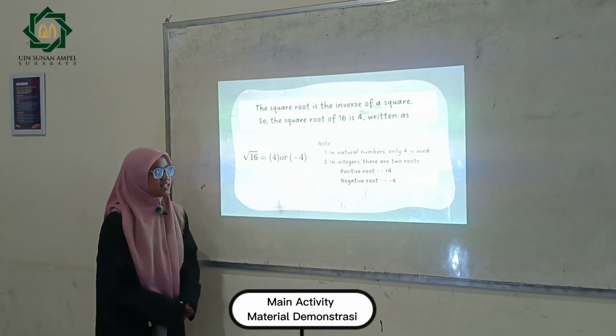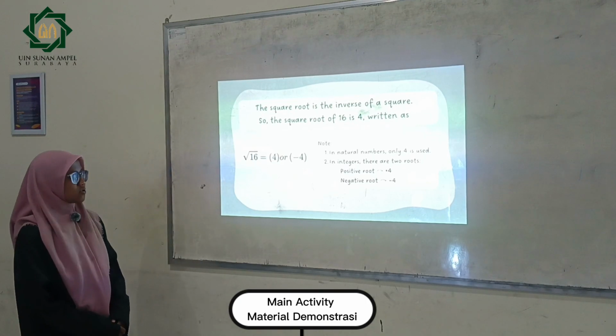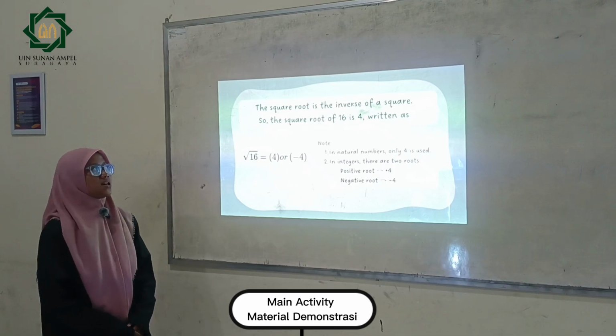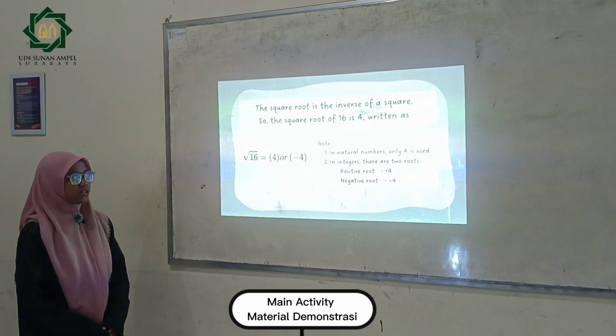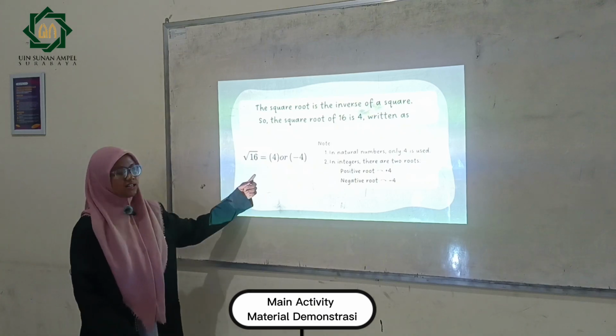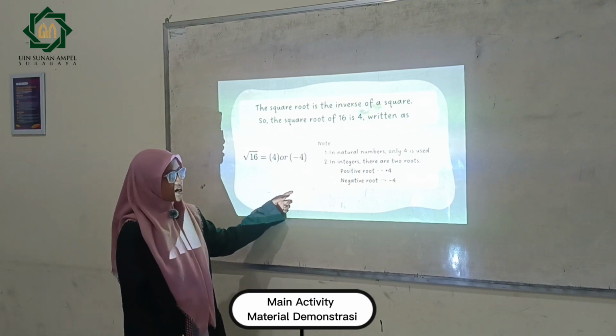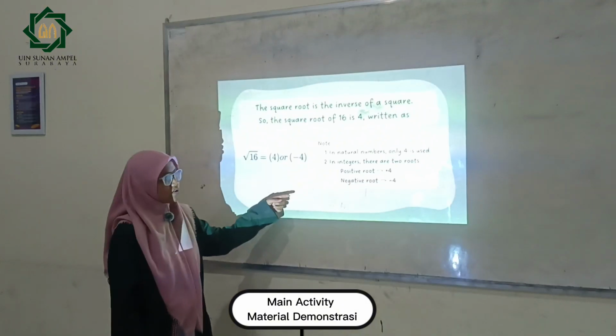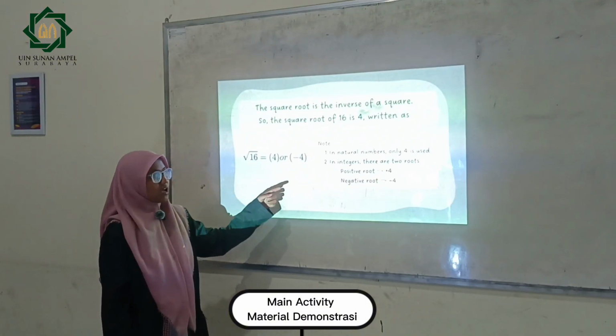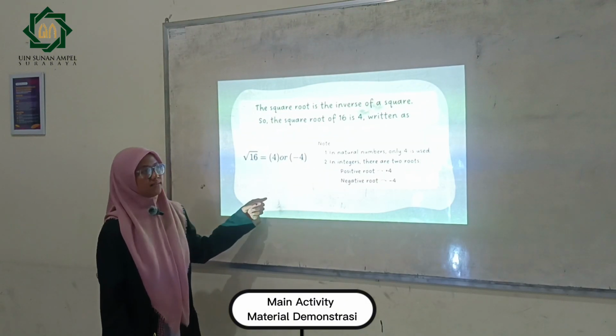The square root is the inverse of a square. So the square root of 16 is 4 or negative 4. Note that it is a natural number only, but if used in integers, there are two roots, positive and negative.